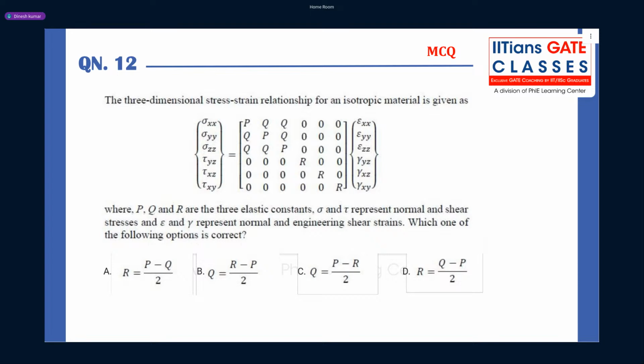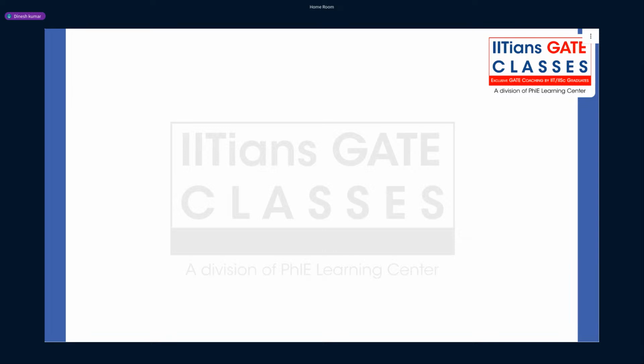Now guys, if you write a three-dimensional stress matrix, write sigma xx, then sigma yy, tau xy, sorry, it is 3D now, so it is sigma zz, then tau xy, tau yz, and tau zx.